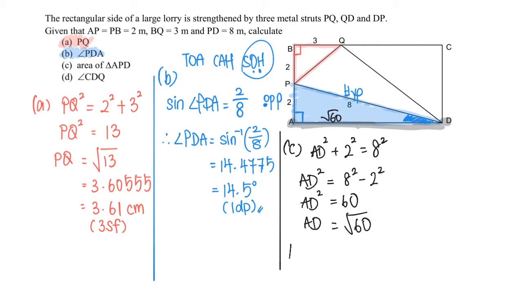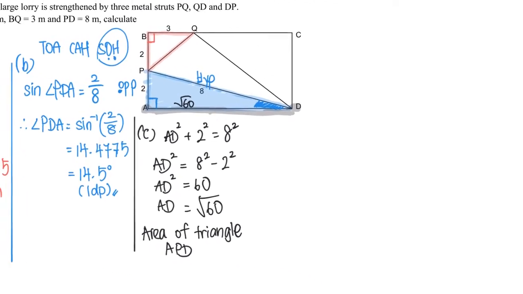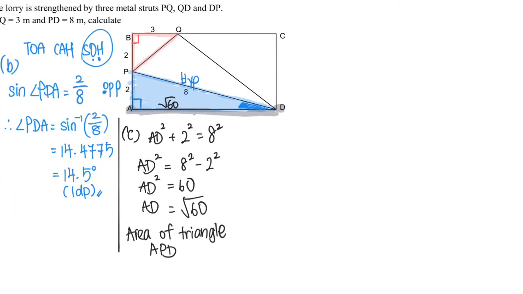And therefore the area of triangle APD. Come, let me create some space. Will be equals to half times base square root 60 times height.